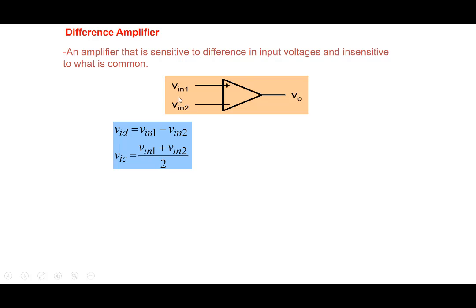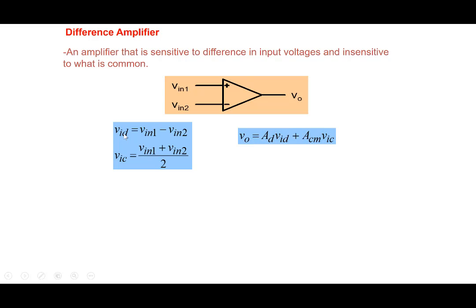The difference in the input voltage obviously is Vin1 minus Vin2. So that's the difference voltage here. We call it VID, V input, D refers to difference. And what is common between them, we can define as (Vin1 plus Vin2) divided by 2, the average of the two. So C refers to the common mode input signal, and this is the differential input signal.